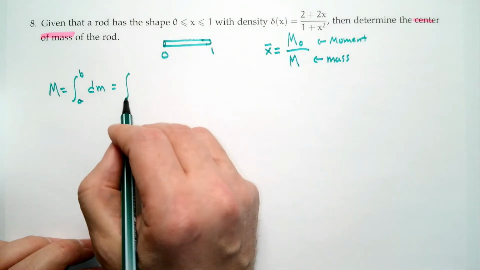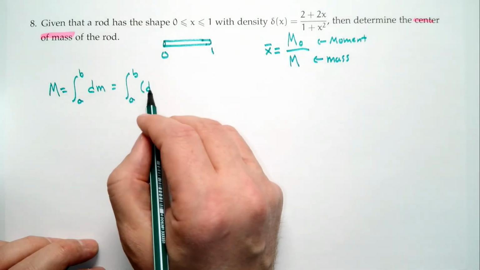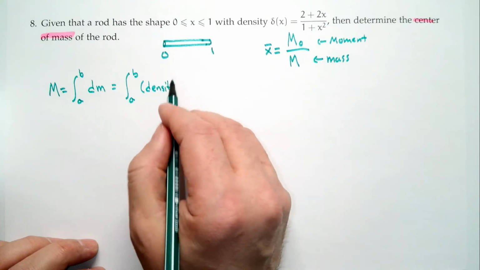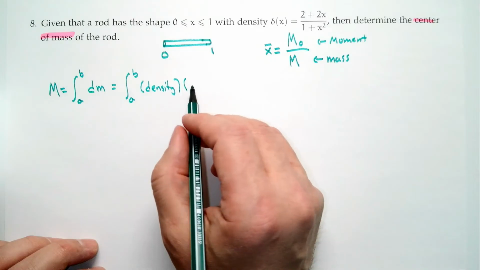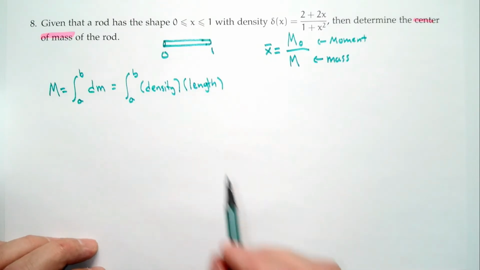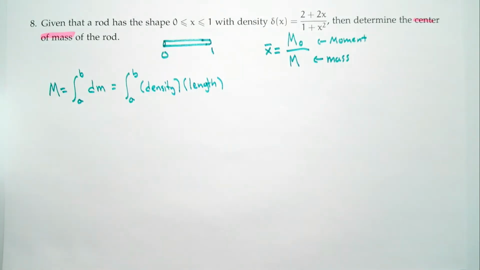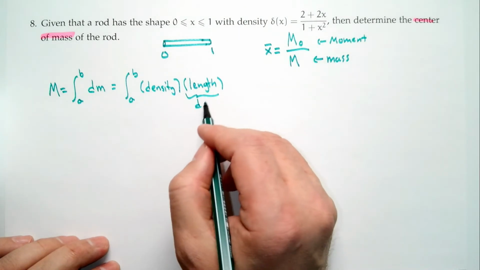The way I like to think about it is mass is your density times your length in one dimension. In two dimensions, it'll be your area, which is like height times width. But in one dimension it's length, so your length is your dx.